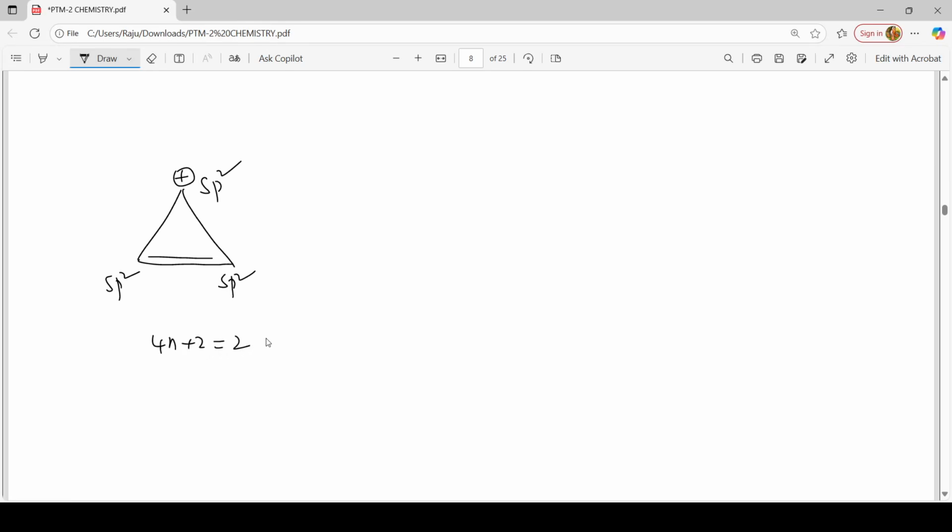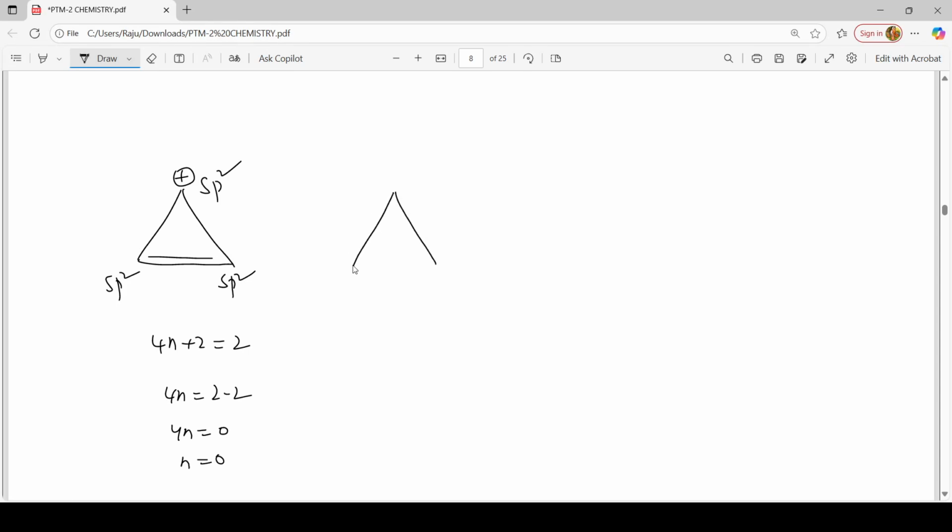So 4n plus 2 is equal to 2, and 4n is equal to 0. Students, as we learned in Huckel's rule, n can be 0, 1, 2, 3. The molecule is planar and satisfies Huckel's rule, so it is an aromatic compound. So the cyclopropenyl cation is aromatic.